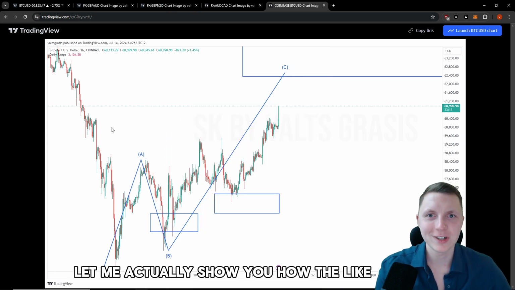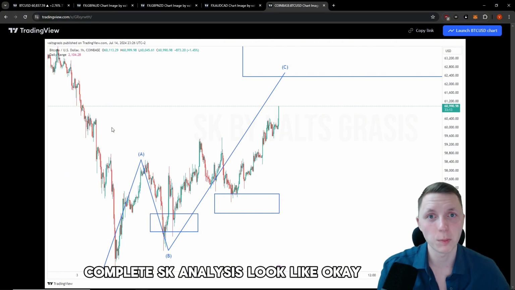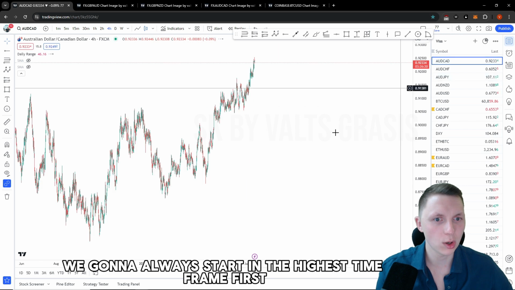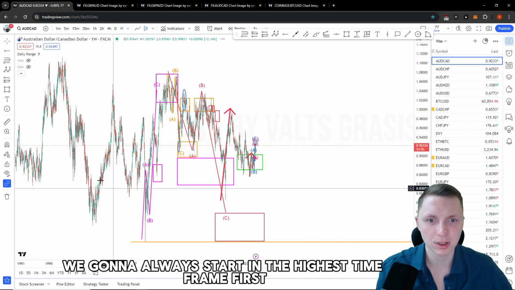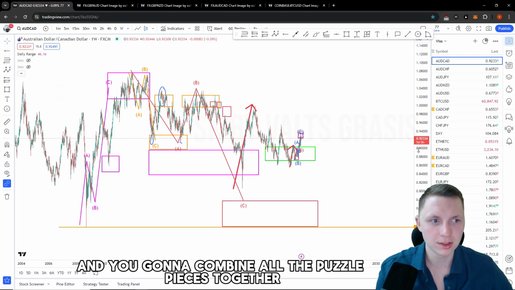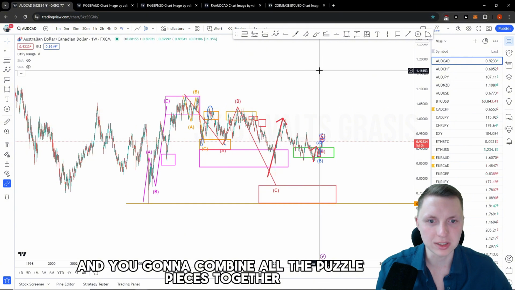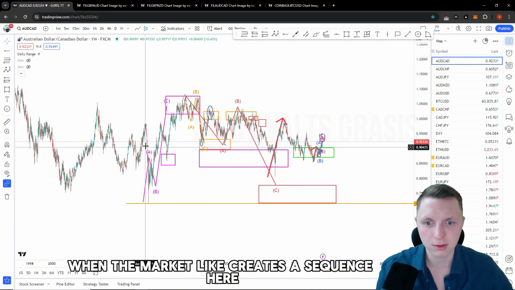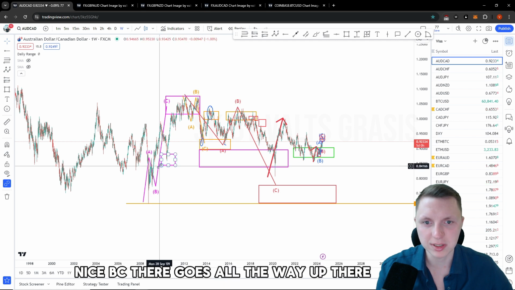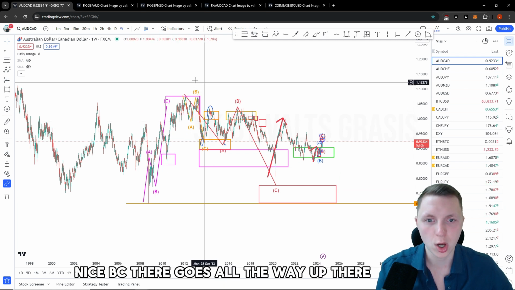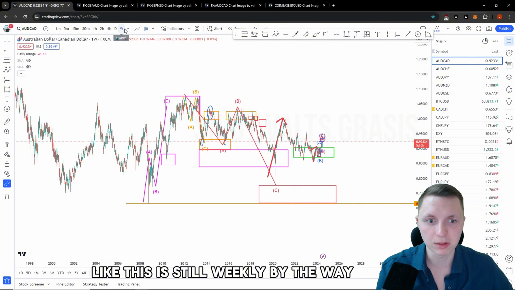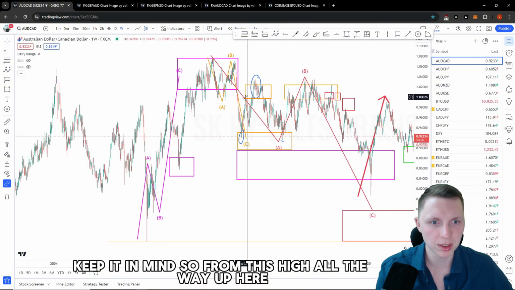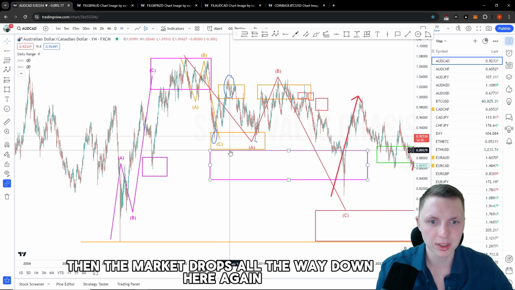Well, let me actually show you what the complete SK analysis looks like. Okay, so we always start in the highest time frame first, and you combine all the puzzle pieces together. As you can see here, it's a very beautiful picture: the market creates a sequence here, a nice BC there, and goes all the way up. This is still weekly, by the way, keep it in mind. From this high all the way up here, then the market drops all the way down here.